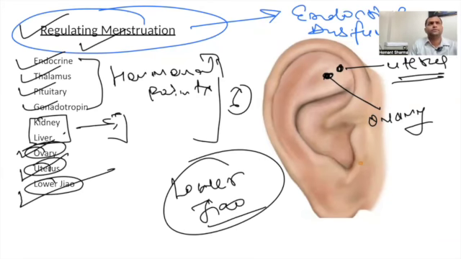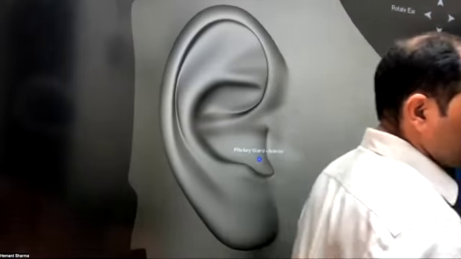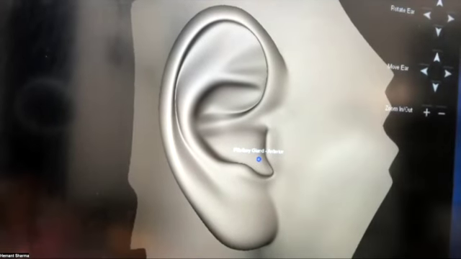So I will take you to the 3D image and I will show you few more things here. So let's see whether the image is clear or not. So what I want to tell you here.